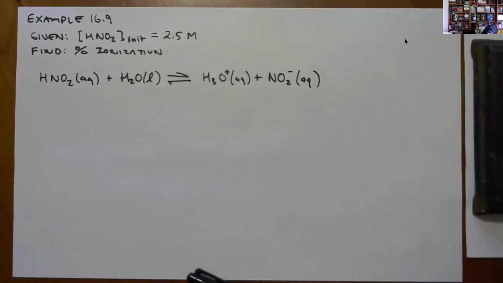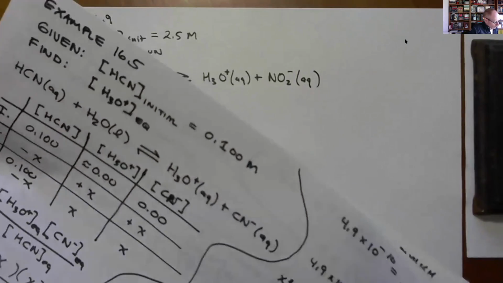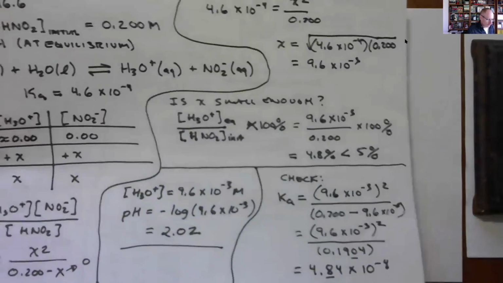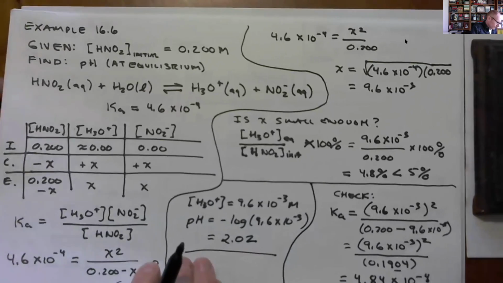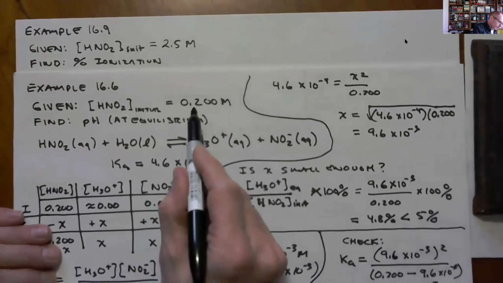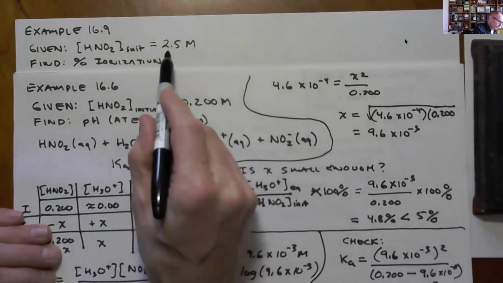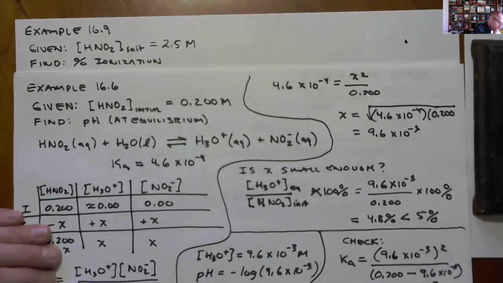Let's go back through the examples. No, it wasn't 16.5. Oh, there it is. Okay, so in example 16.6, we looked at this. Now, what was different there? We were given a 0.2 molar solution. Here we have one that's approximately 10 times or more concentrated than that.